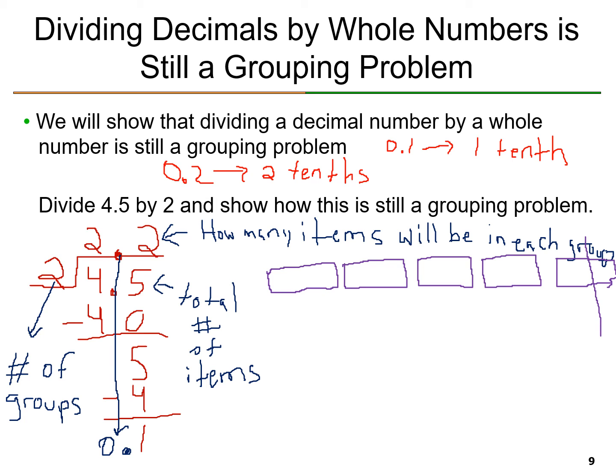So we're going to throw away this right half, because we only have 1, 2, 3, 4, and 1/2 items to start with.